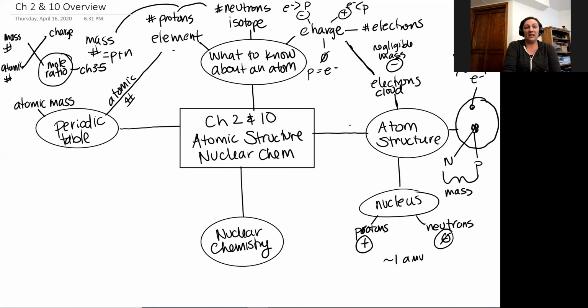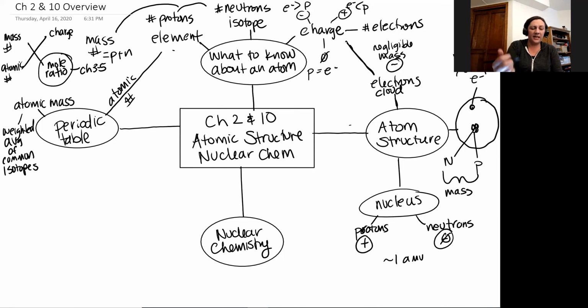It's really a weighted average of all the common isotopes, if you remember weighted averages from your math class. So we can calculate the atomic mass if we know the relative abundances of our different isotopes for that element, and that's what that number will equate to.